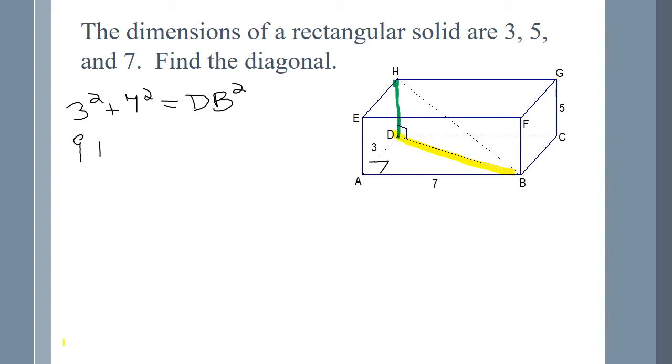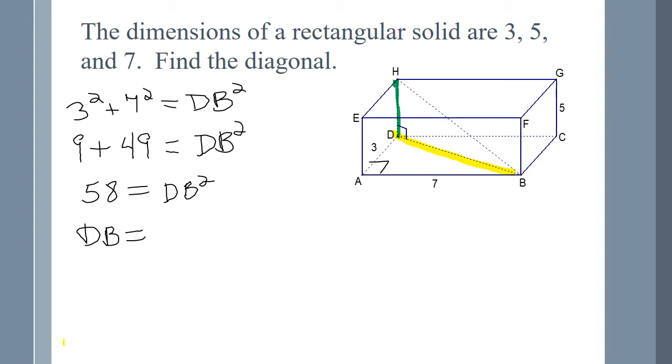So 9 plus 49 equals DB squared. 9 plus 49 is 58, equal to DB squared. Therefore DB is equal to the square root of 58. You can go ahead and reduce that if you wish. I don't see any need to.